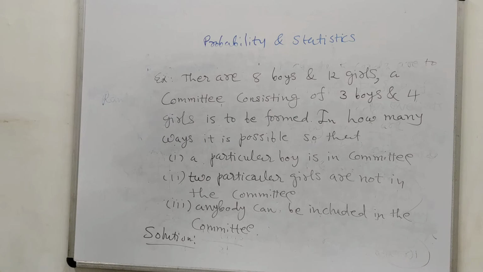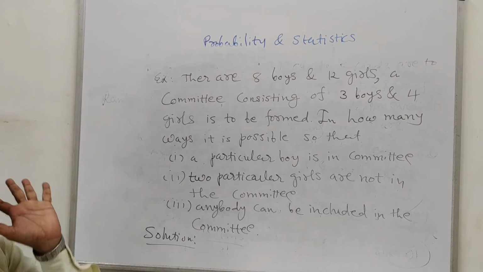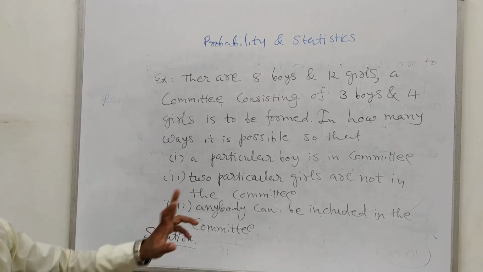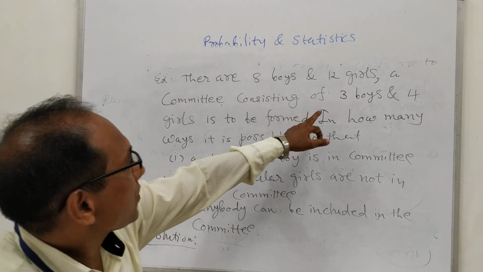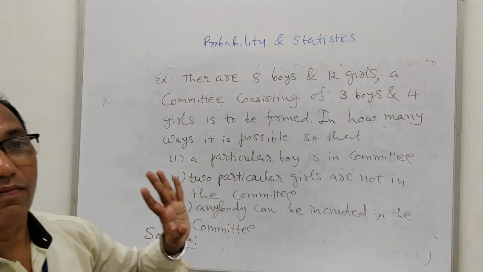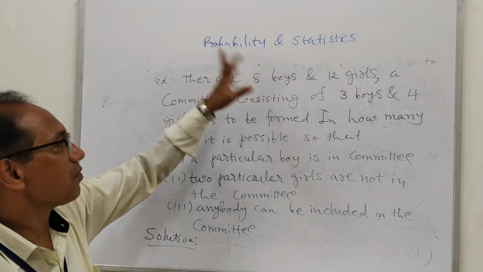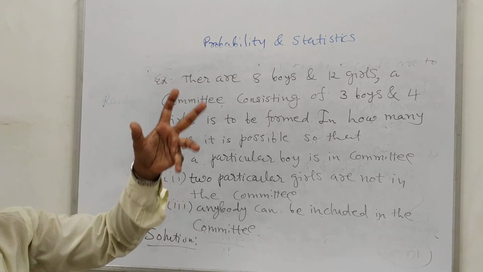For example, suppose Mahesh must be included in the committee. So out of 3 boys, 1 boy is fixed. It is already selected without any effort. So we require only to select 2 boys. And these 2 boys can be selected out of the remaining 7 boys. So we can do this in 7C2 ways.